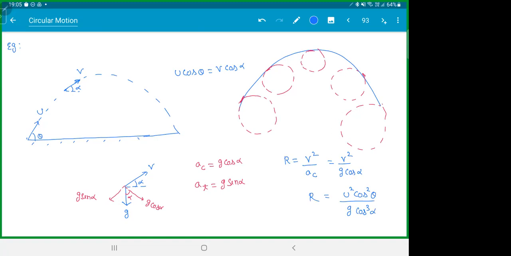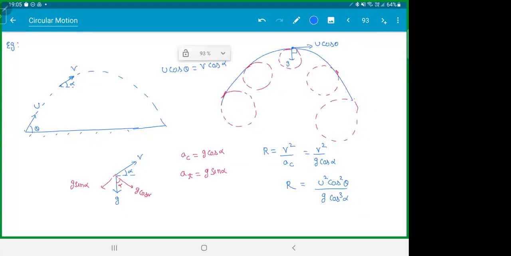This is how they'll frame a question. At the highest point, velocity will be u cos theta, and gravity will be g downward, perpendicular. So at the highest point, you get the minimum radius of curvature. At h max, alpha is 0, so the minimum radius of curvature will be u square cos square theta by g.